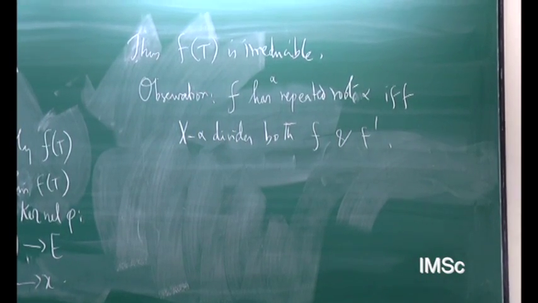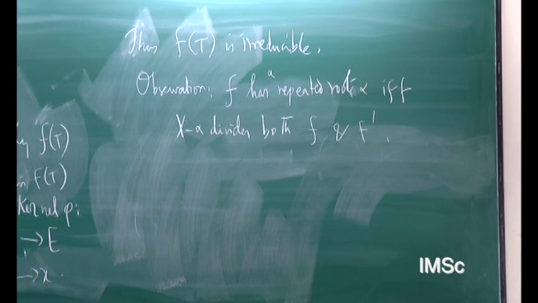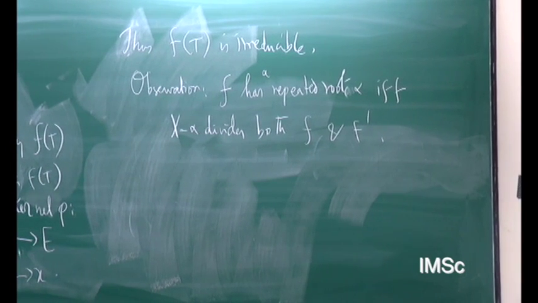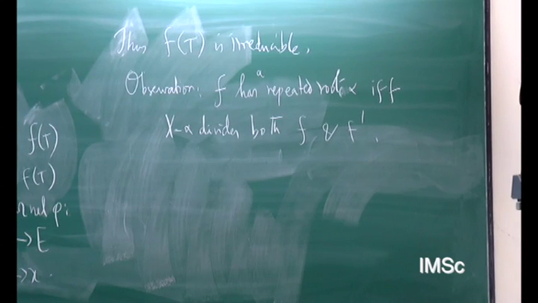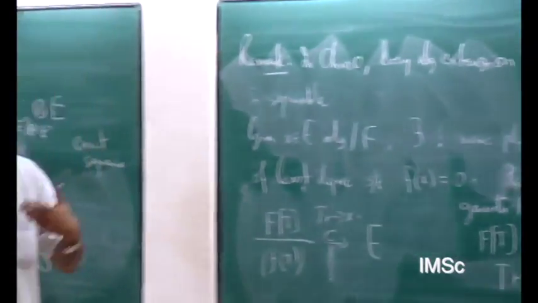That's a triviality, because if you write f equal to (x minus alpha) squared times g, then by the product rule x minus alpha also has to divide f prime.